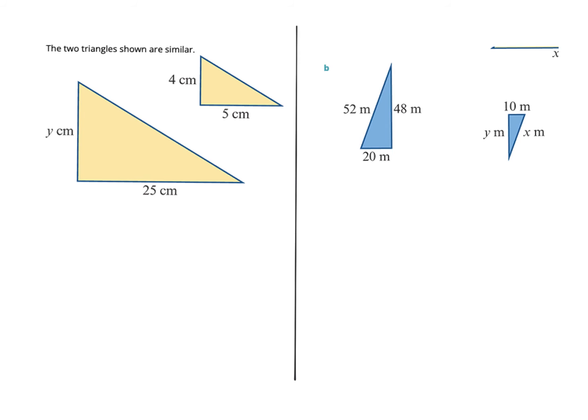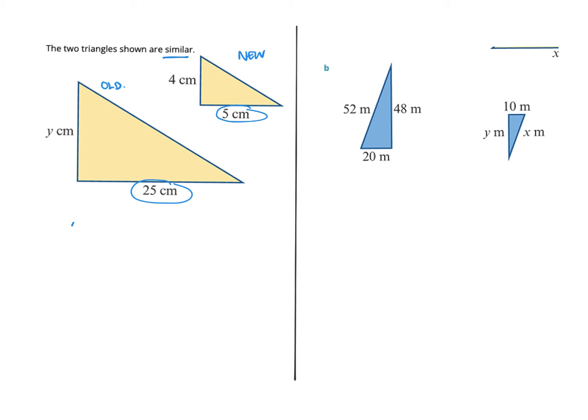Here it says two triangles are similar, so I already know that they're similar. I don't have to prove it. And it says you've got to find y, obviously. So here's where, like what we were doing yesterday, if they're similar, the corresponding sides will equal each other. So that means if you put them as a fraction, they'll equal. So I'll just call this the new image and this the old one.